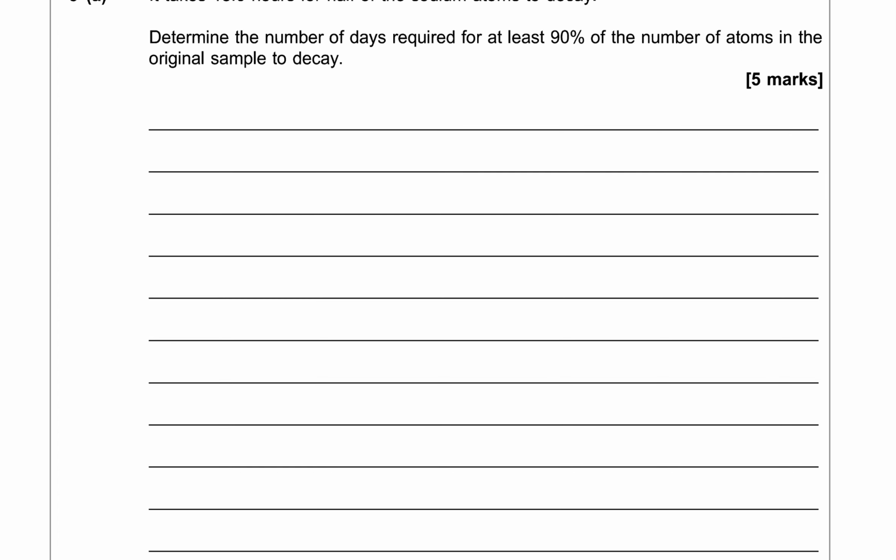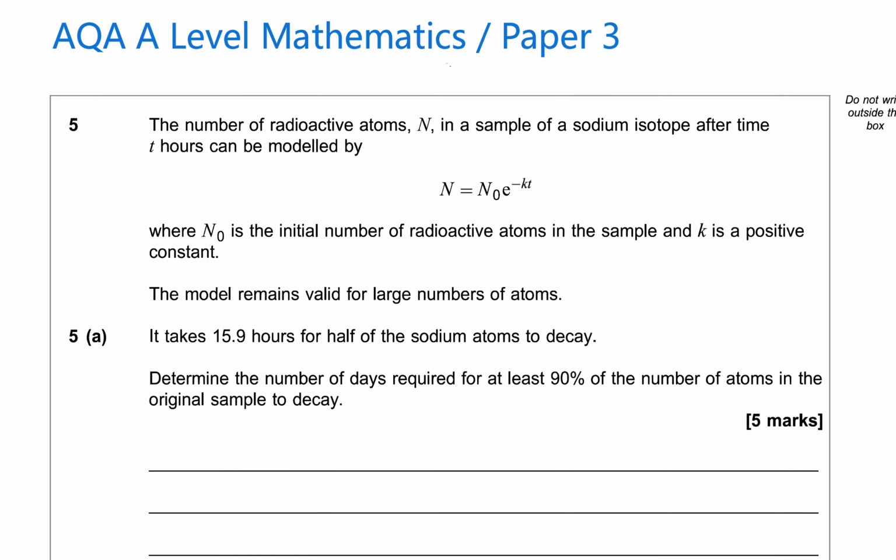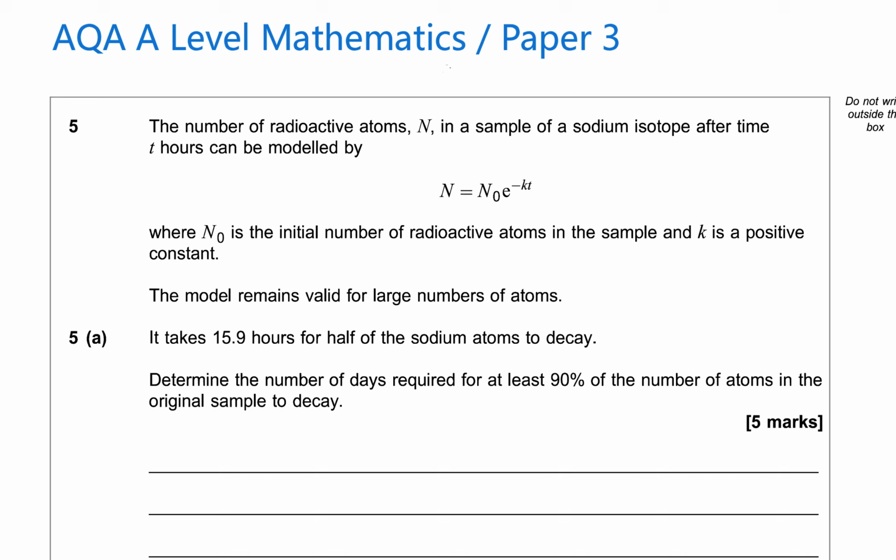So to work this out, we need to first find the value of the constant k. It takes 15.9 hours for half of the sodium atoms to decay. So N is less than N0, which gives a negative power.